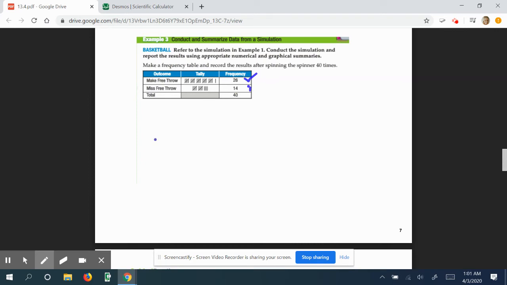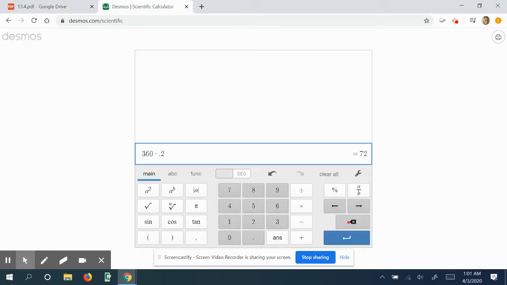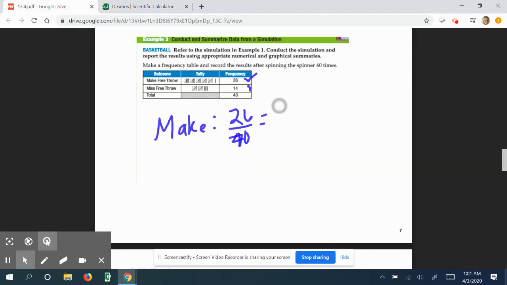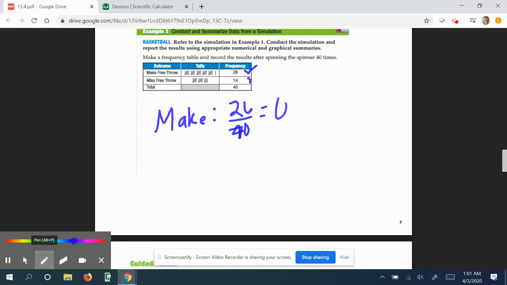So what we're going to do is we're actually going to look at the percentages of his makes, which were 26 out of 40. Now remember, he was supposed to hit 70%, but 26 out of 40 is definitely not 70%. This is equal to 65%.